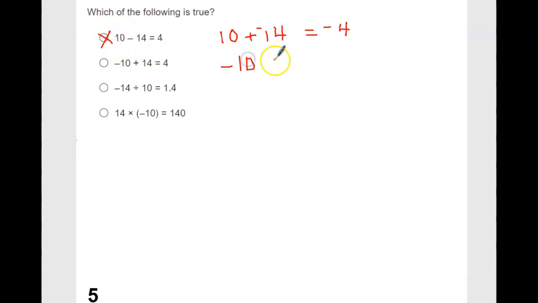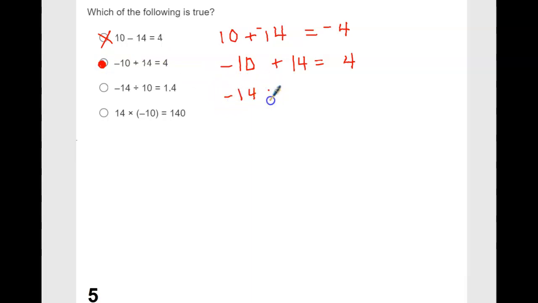Negative 10 plus 14 is equal to positive 4. Let's see what this equals. So my signs are different, and I'm adding, so I'm going to subtract. 14 minus 10 is 4, and I keep the sign of the larger number, which is positive. So it looks like this is going to be my answer, but I'm going to work out the others just to double check.